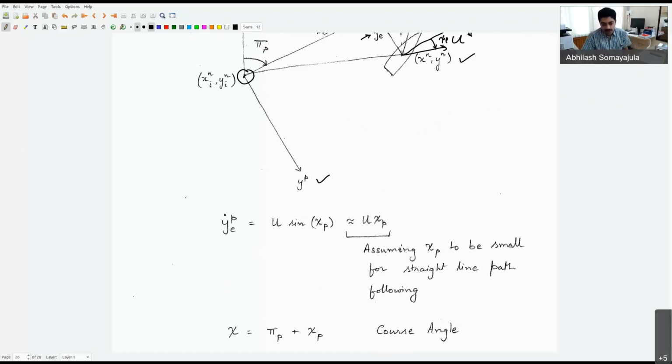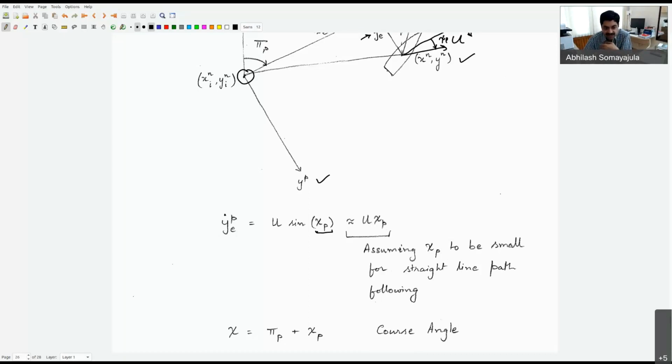Now, if this chi_p is a relatively small angle, assuming that this is for straight line path following, so assuming that our craft is not deviating much, then I can say that y_PE dot is almost equivalent to U times chi_p, because sine of a small angle will be almost equal to the same angle as long as the angle is not too large.